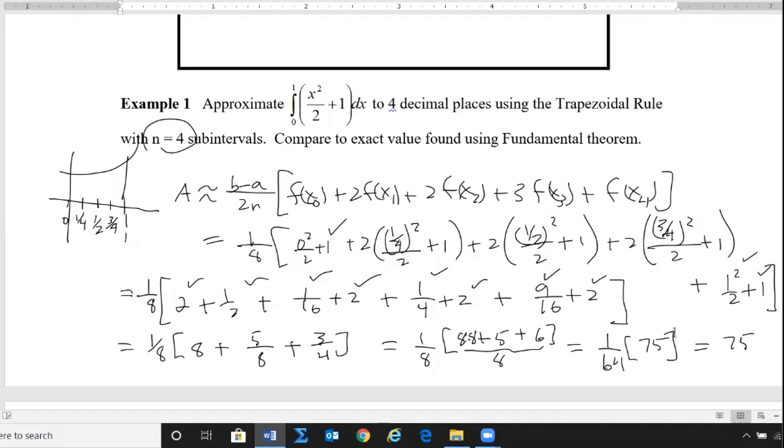So it's 75 over 64. 64 plus 11 is 75. There you go.